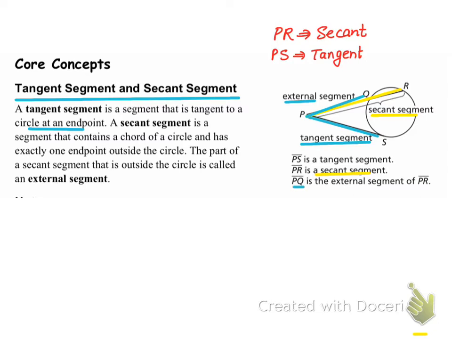So here it says that a secant segment is a segment that contains a chord of a circle and has exactly one endpoint outside the circle. So it has a chord, but when it goes out then it becomes a secant. And the external segment is the part of the secant segment that is outside the circle. Alright, let's move to the theorems here.